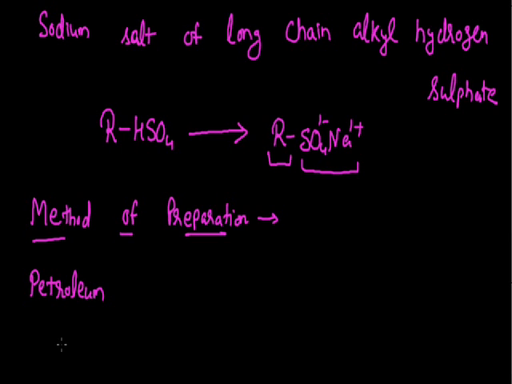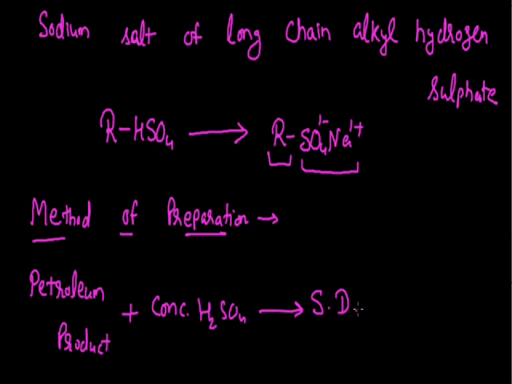So if I use any of these petroleum products that we can get after mining petroleum from the earth's crust, and make them react with concentrated sulfuric acid, a synthetic detergent is formed, and that is the method of preparation for these synthetic detergents. Now if I compare these soaps with synthetic detergents, there are some differences along with some similarities, and now we will be studying the comparison of these two.